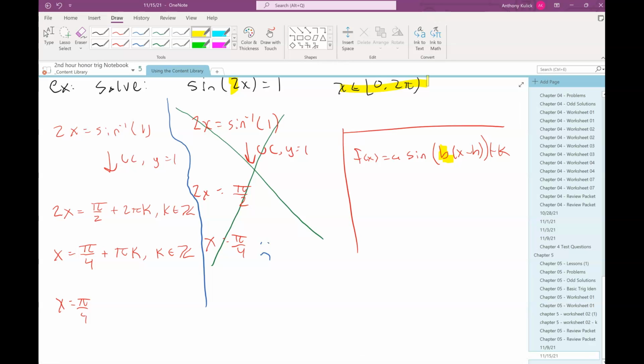So if I subtract pi, clearly I get something negative. I don't want that. Everybody agree? If I add 1 pi, I get 5 pi over 4. That's still okay. If I add pi again, I get 9 pi over 4. That's too big, so we'll discard that one.